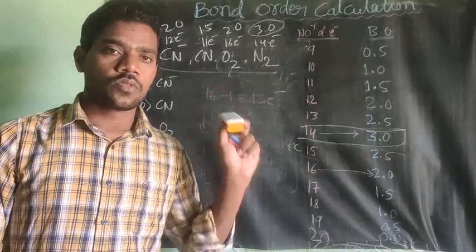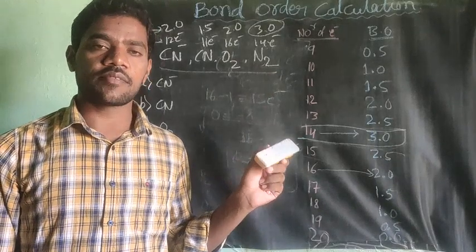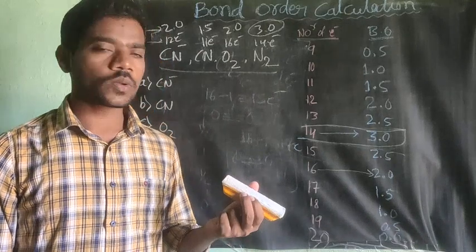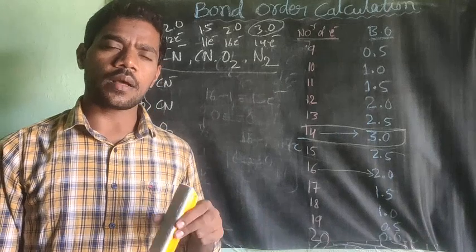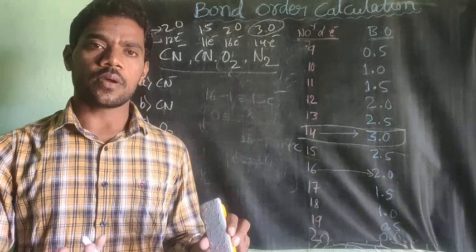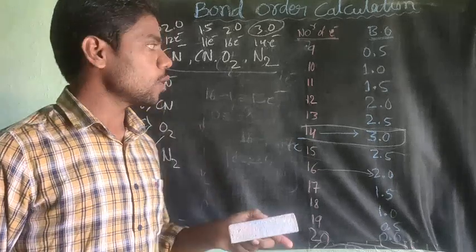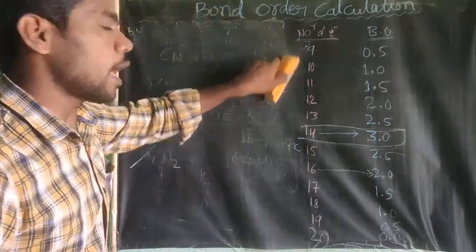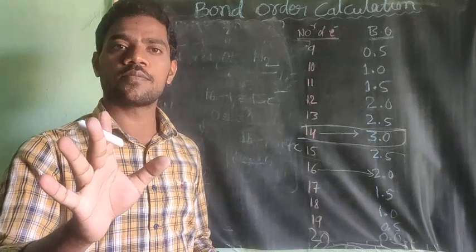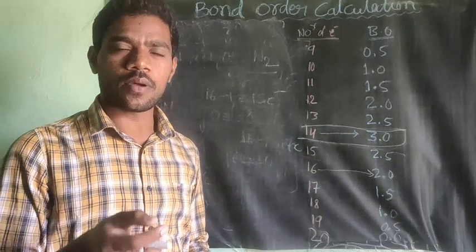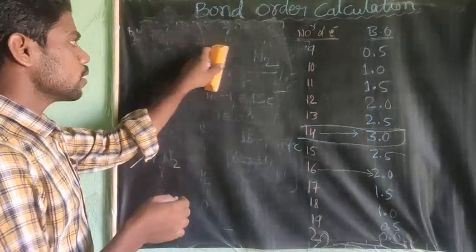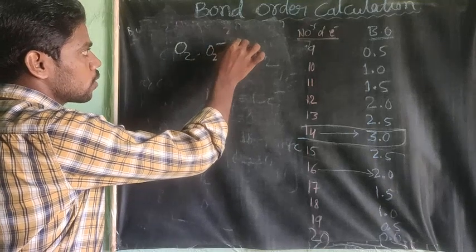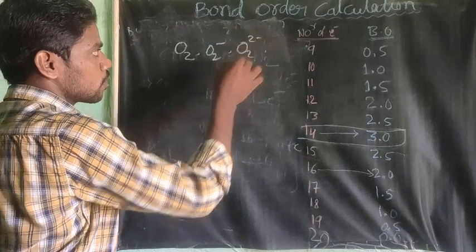Therefore, they ask questions like this. That's why the bond order concept is very important. Once you understand the bond order concept, however they ask the question, we can answer very easily. And there is one more way they ask questions. I observed these types of questions in every year of your CET. One more question: O2, O2 minus, O2 2 minus.